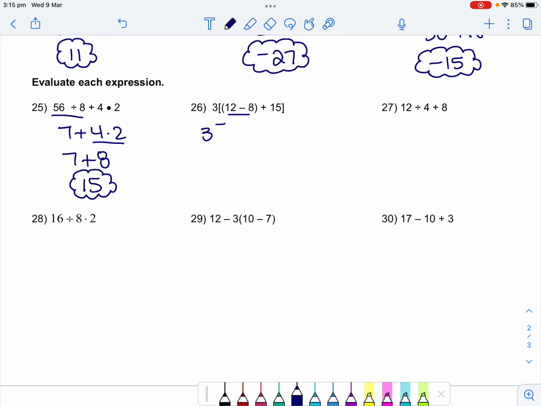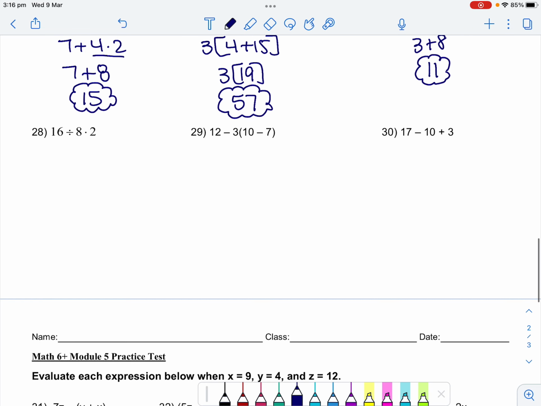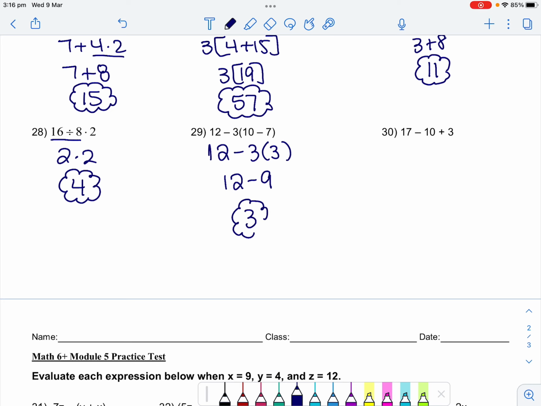Grouping symbols first, so 3 times 4 plus 15, so 3 times 19 should be 57. 12 divided by 4 is 3, plus 8 is 11. 16 divided by 8 is 2, times 2 is 4. 12 minus 3 times 3 is 12 minus 9, which is 3. 17 minus 10 is 7, plus 3 is 10.